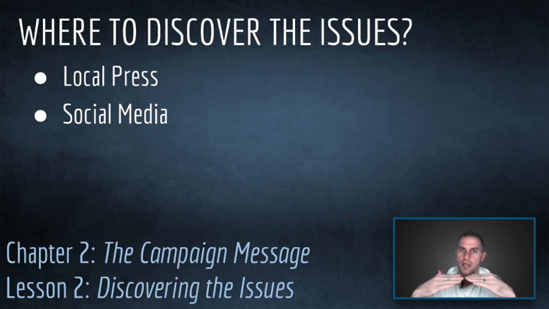Just in Facebook, in the search at the top, put your city name and then choose the groups function, and you'll be able to see lots of different groups that pop up. Some are private, some are open. You should consider being a part of those groups anyway, because that's where you can get your name out there campaign wise. And we'll talk about this more later on in our overall social media strategy. But that's a good place to go read through and see what people are fired up about.